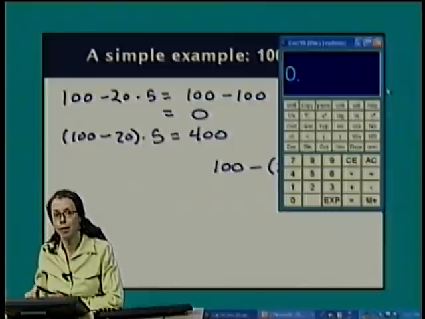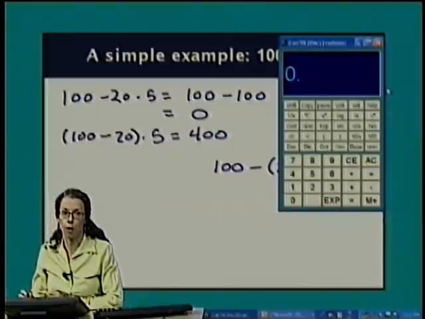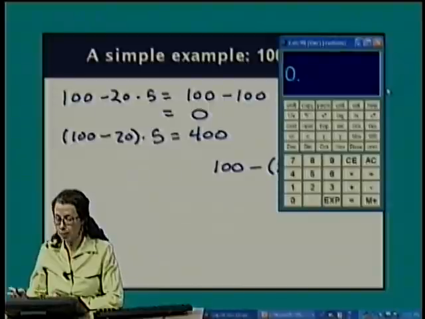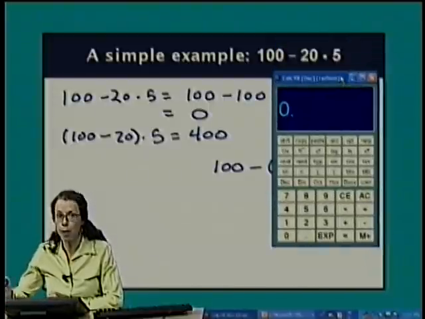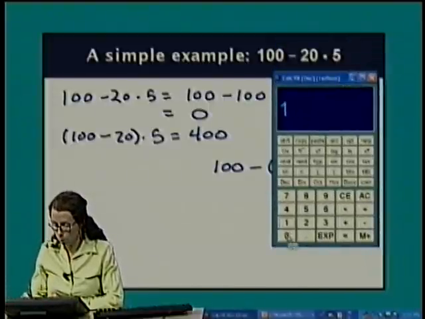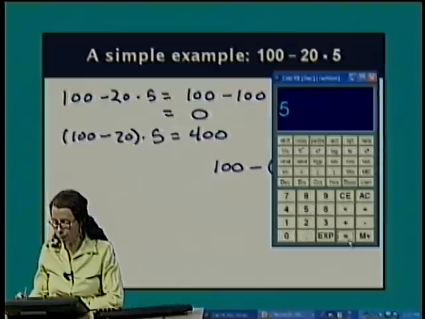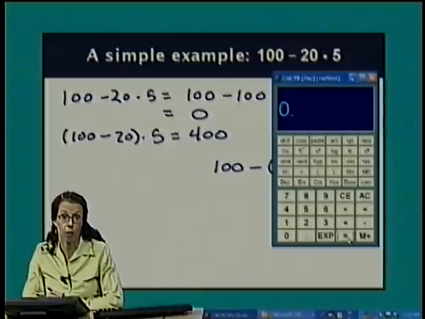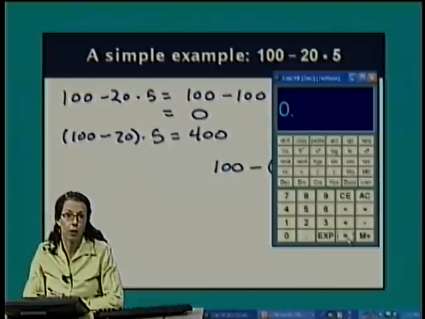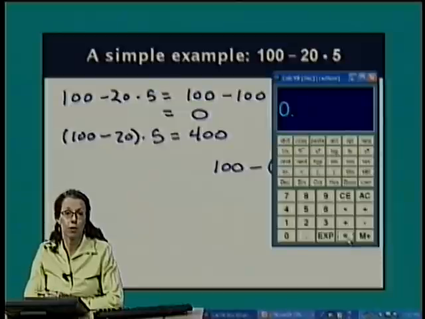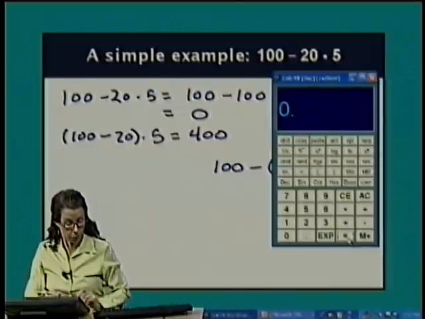And this is telling the calculator, use the order of operations. So when I do the same simple example that we've been working with, 100 minus 20 times 5, it gives me the correct result. So some scientific calculators know and use the order of operations the same way we do. Other scientific calculators do not. It's important for you to figure out how your own calculator works.